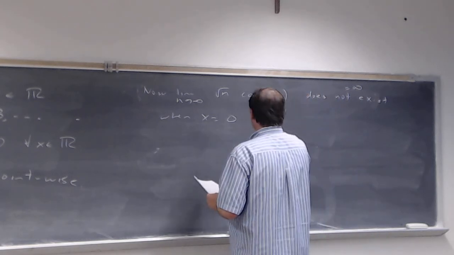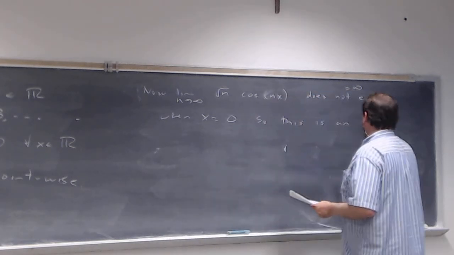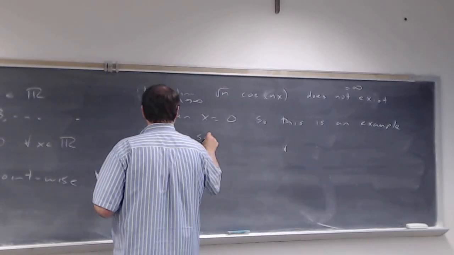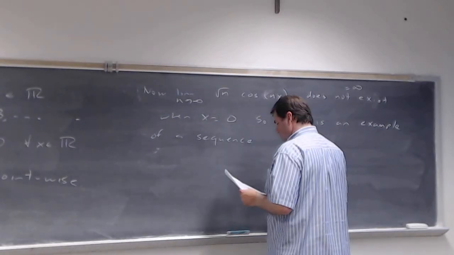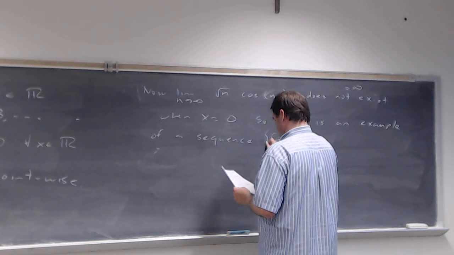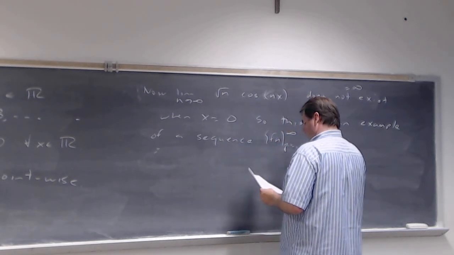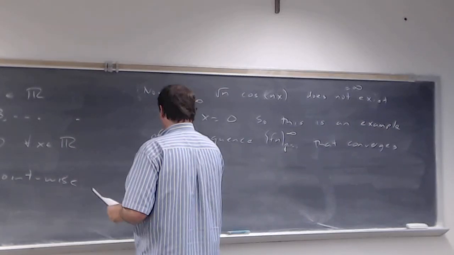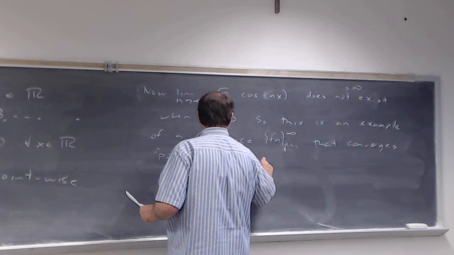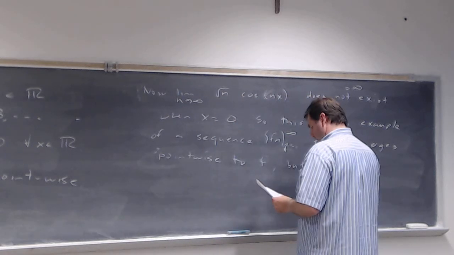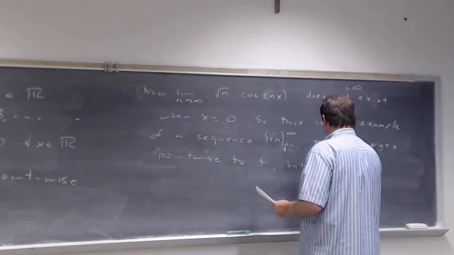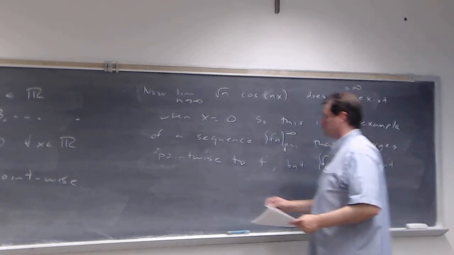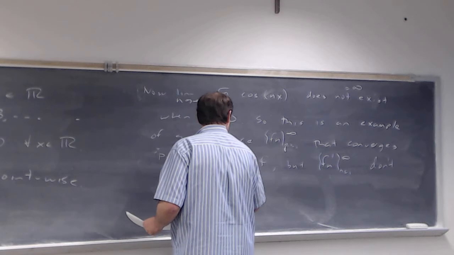Okay, so this is an example of a sequence f sub n that converges pointwise to f, but the f sub n primes, the derivatives, don't converge to f prime.